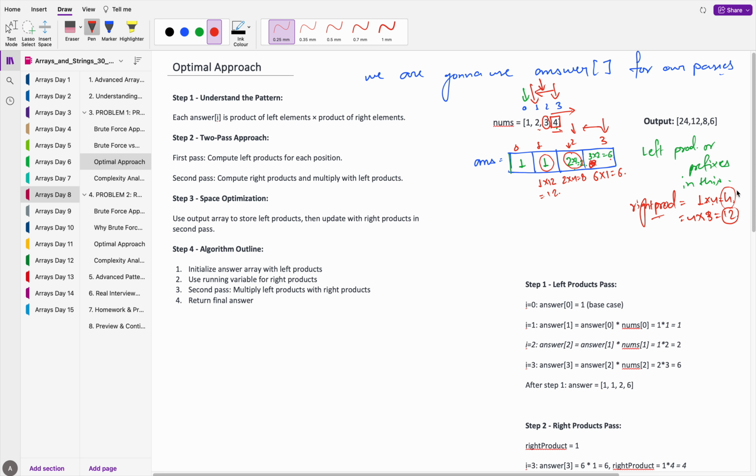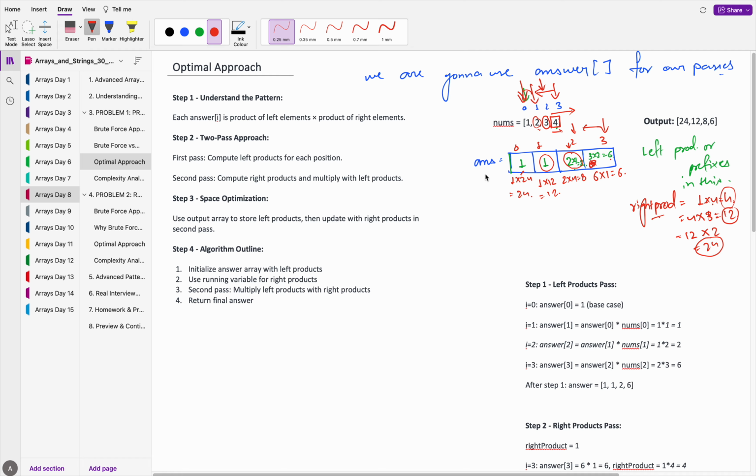Correct? Before moving further, what are you going to do? 12 multiplied by 2, this particular fellow, will give 24, and then move to the next index, which is 0. For this 0, what is the left product? 1 was already here, right? We have calculated. So 1 multiplied by 24 will give you 24.